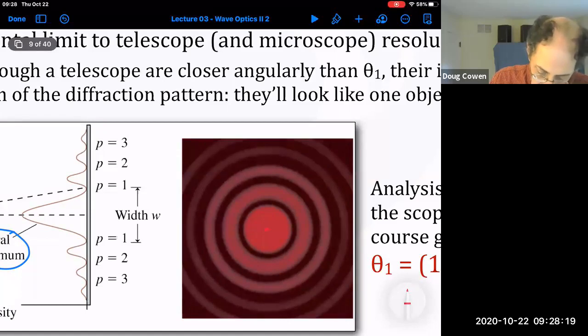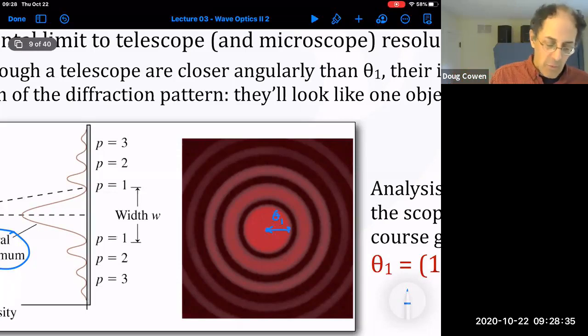Let me just change this color back. What you see is that out to this angular distance, this is θ1, everything falls into this central maximum.